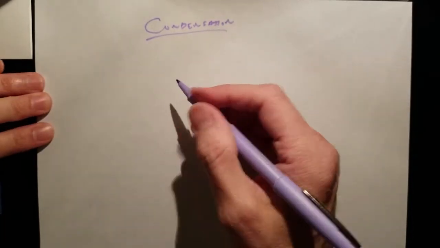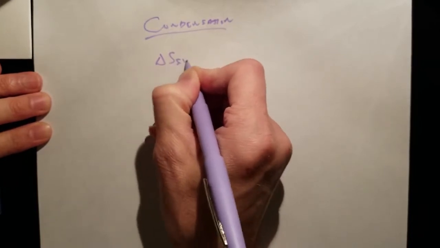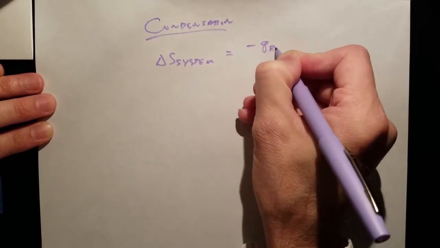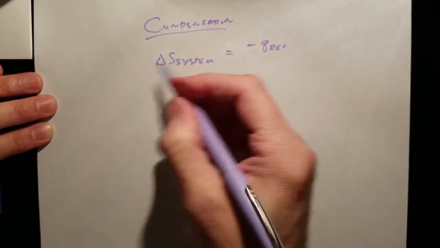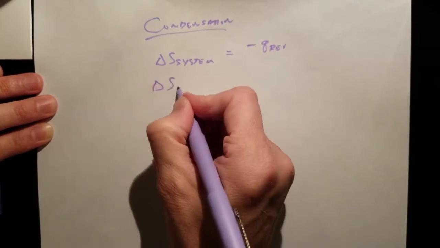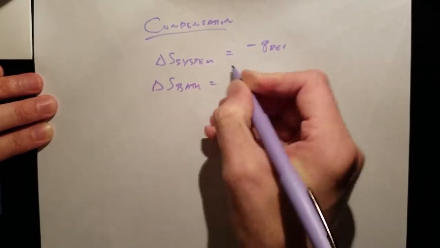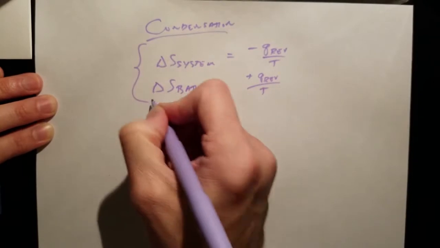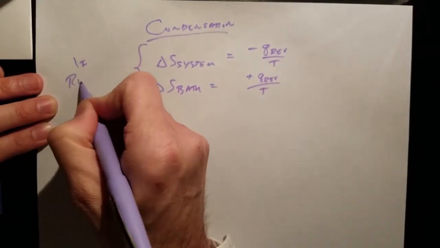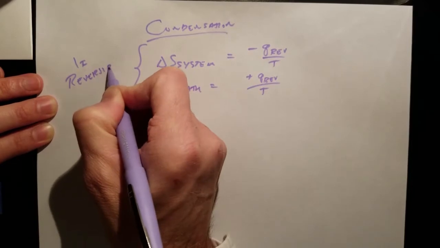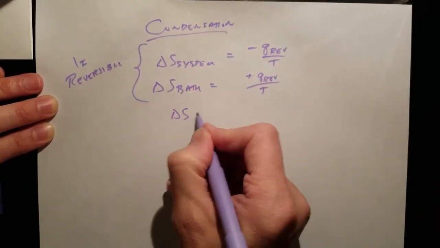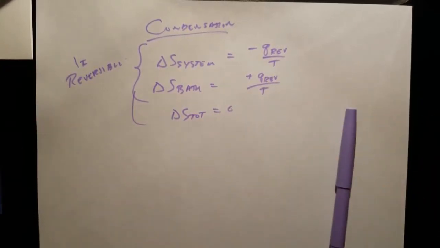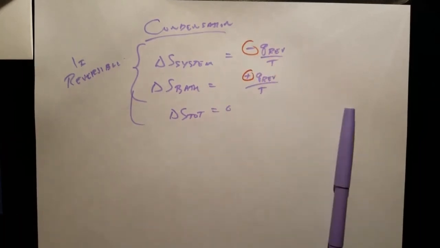The trick here is that now, for example, delta S system is equal to negative Q reversible over T. This is if reversible, and delta S tot is equal to 0 in that case. But the highlight here is that we've changed the signs.